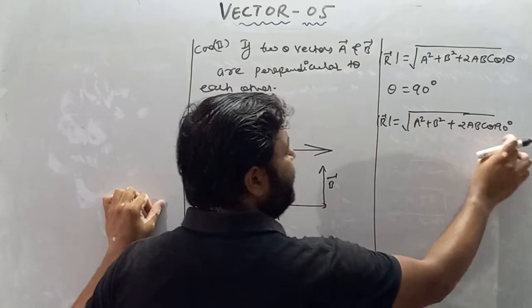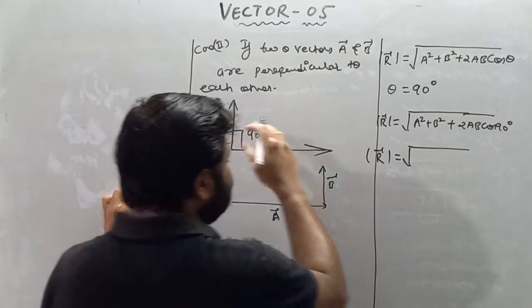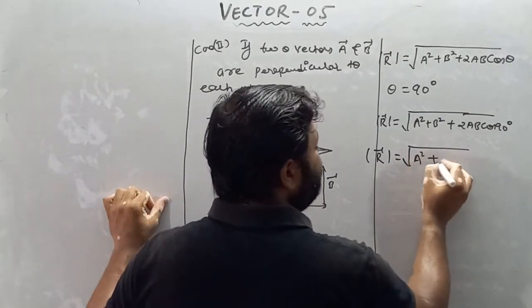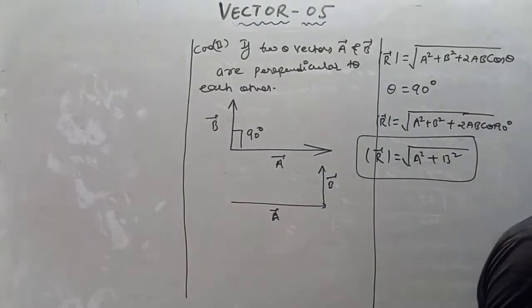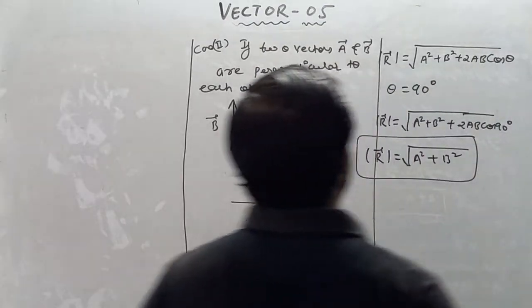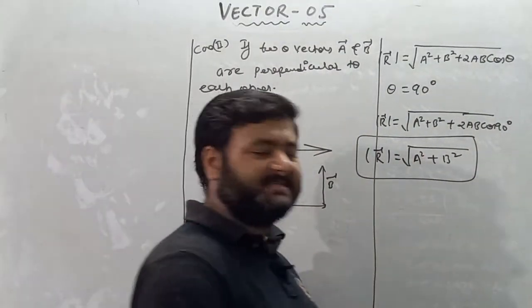So this whole term becomes 0. So the magnitude of the resultant vector, if two vectors are perpendicular to each other, is under root A square plus B square. This is the value of the resultant vector if two vectors are perpendicular to each other. I hope you all are understanding what I am explaining.